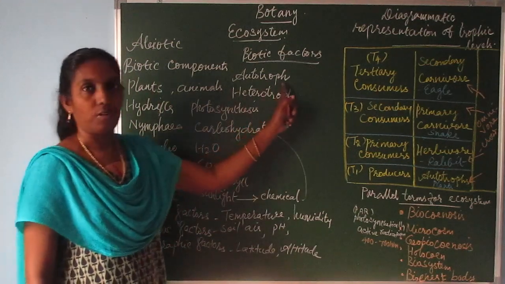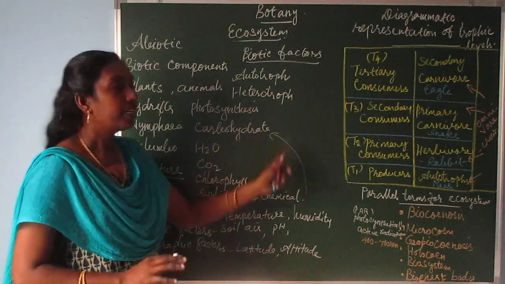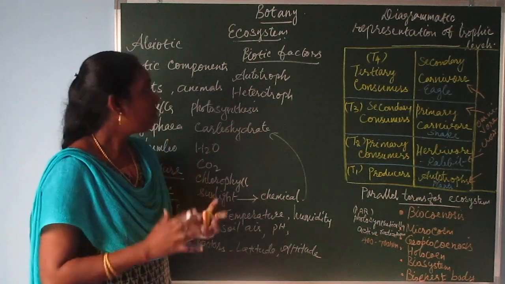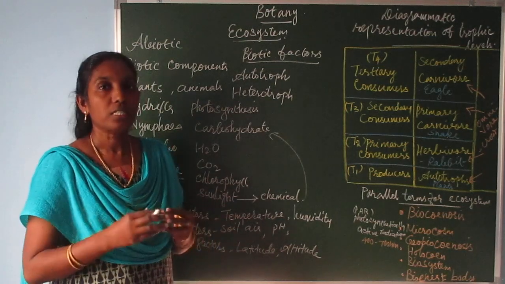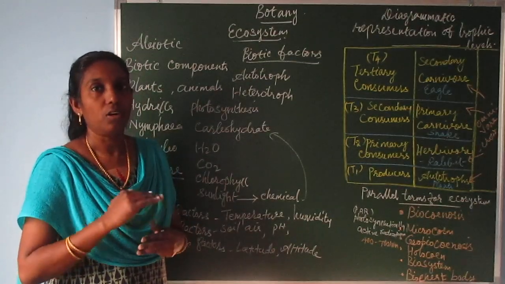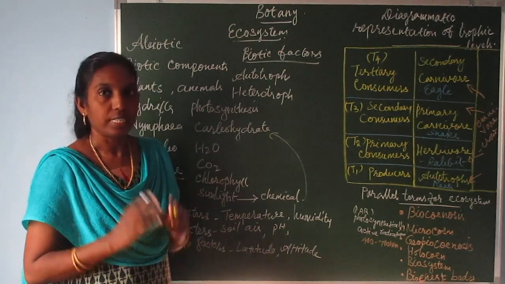What are autotrophs? As you know from the process of photosynthesis, green plants are considered producers because they are the first trophic level of the ecosystem.